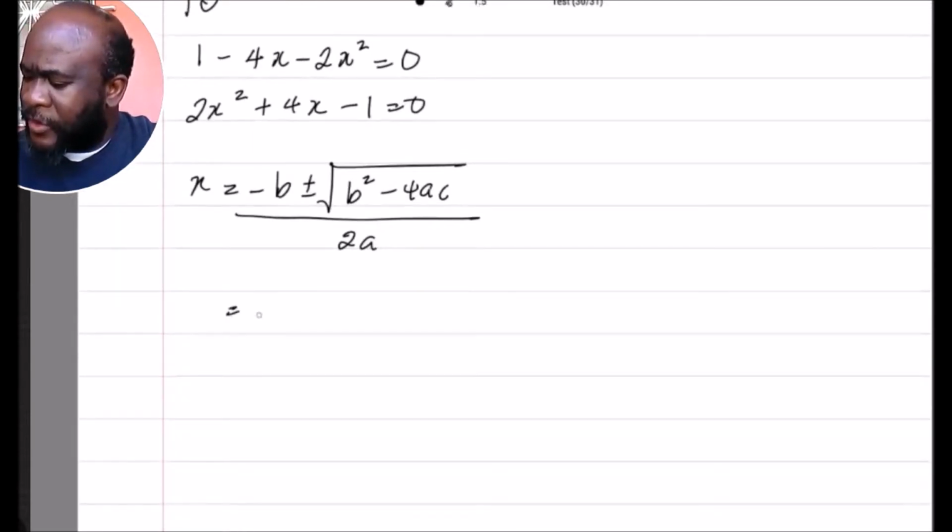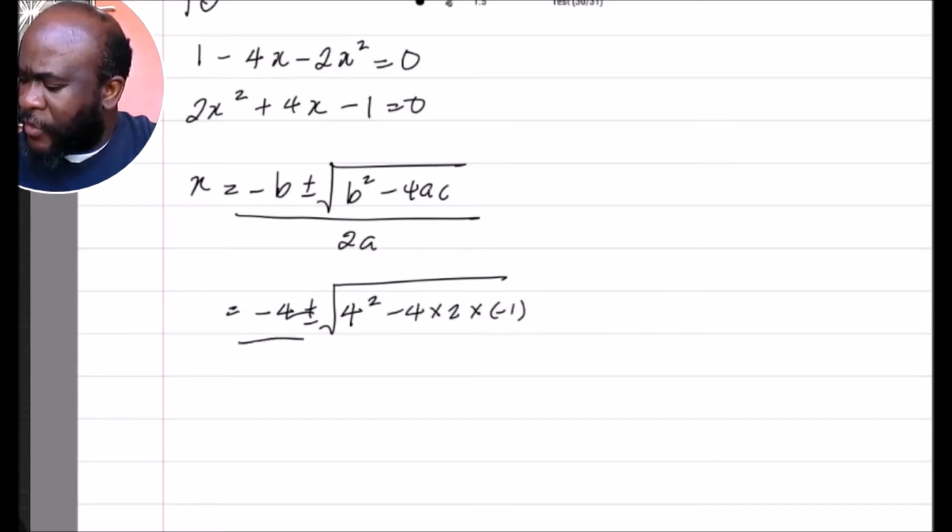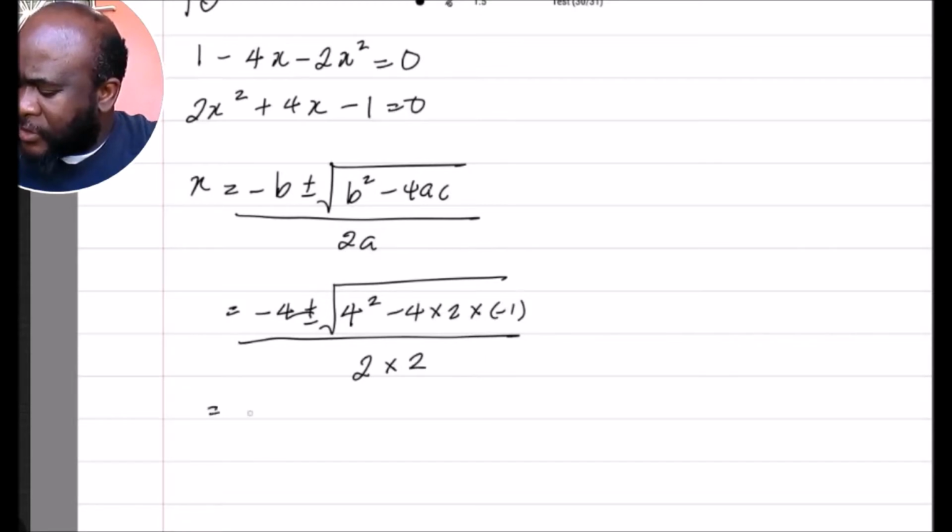That will be equal to minus 4 plus or minus the square root of 4 squared minus 4 times 2 times minus 1, all over 2 times a, which is 2. So this is minus 4 plus or minus the square root of 16 plus 8, all over 4.